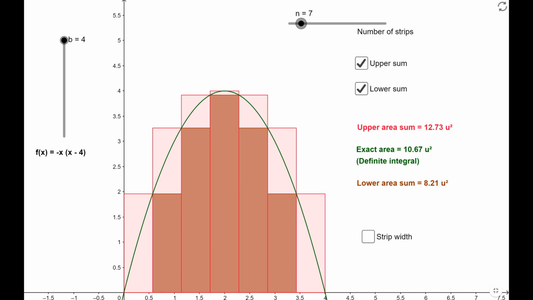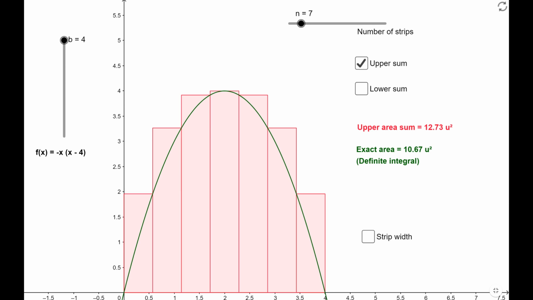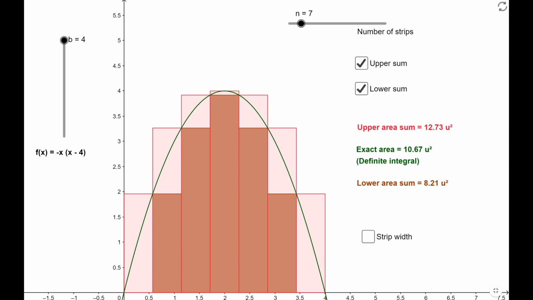I could have rectangles which overestimate the area, so they're the upper sums, or rectangles which underestimate the area, so they're the lower sums. And simply by adding up the areas of those rectangles, I could get an approximation for the area under the curve.